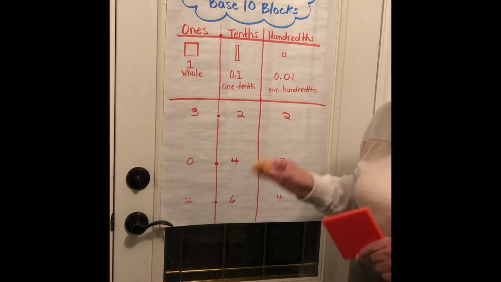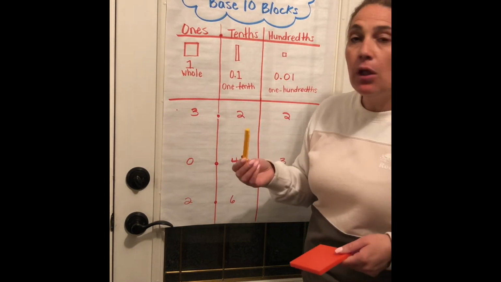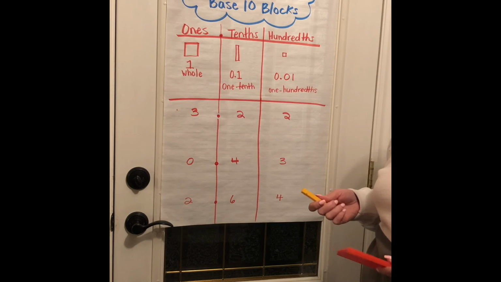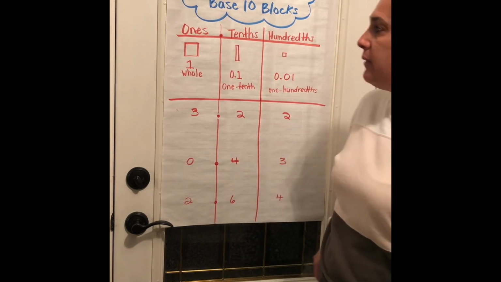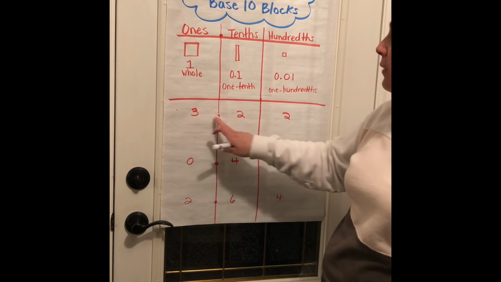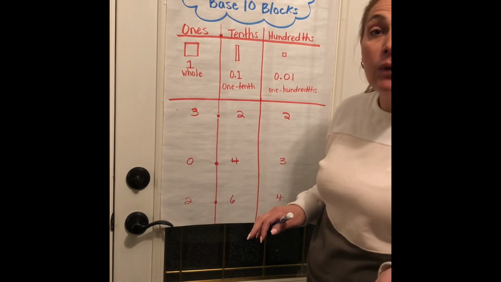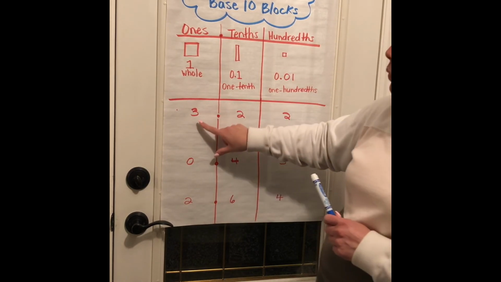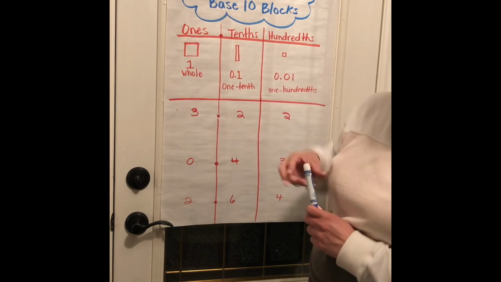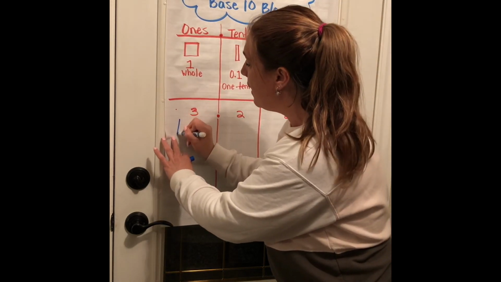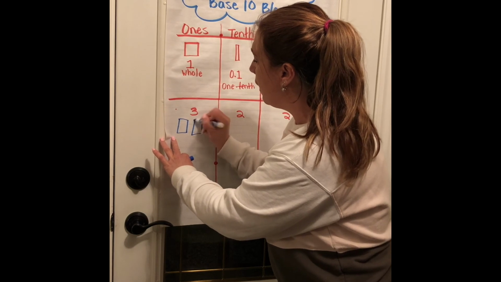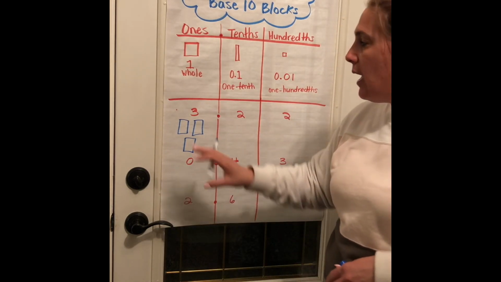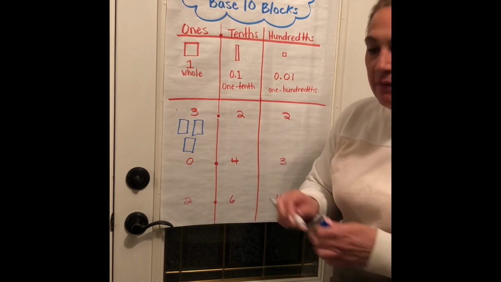So when we're modeling decimals using base 10 blocks, we draw our rods and our squares and our tiny cubes to symbolize those numbers. So let me put this down here. If I wanted to model 3.22, or the way we properly say it, 3 and 22 hundredths, you want to draw 3 wholes. And the way we draw 3 wholes is we draw 3 squares. 1, 2, 3, and of course we try to organize our squares and draw them in similar size, very neat and precise.